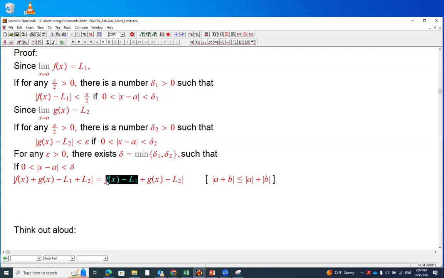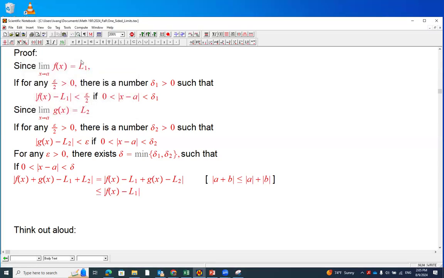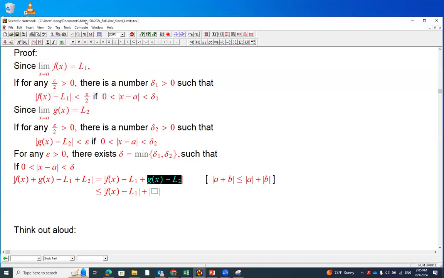So this is our a and this is our b. We just regroup them. Even though that parentheses is not necessary, I just want to show you, so I can remove it. So next step, we're going to have less than or equal to the separate of these two absolute values. So this piece is in absolute value, plus the other piece in absolute value, which is g minus its limit in absolute value.